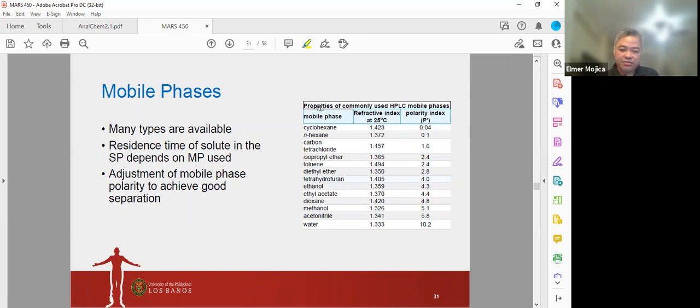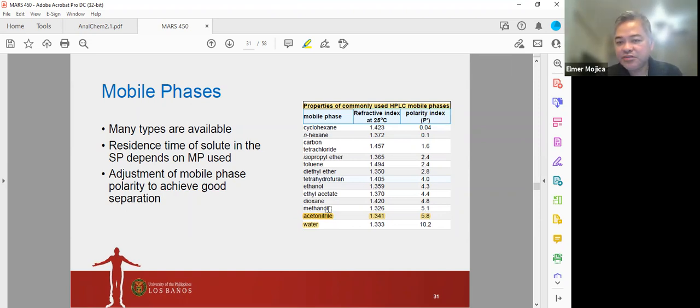So these are the properties of the commonly used mobile phases. Usually, in the reverse phase, I usually use these three. Acetonitrile as one of the mobile phases, and then mix it with either water or methanol.